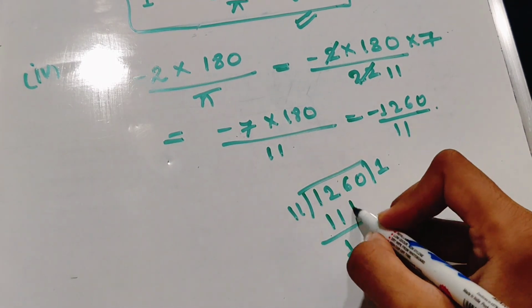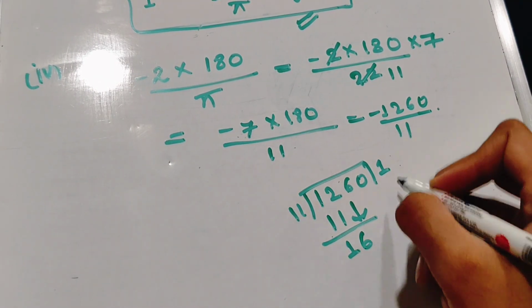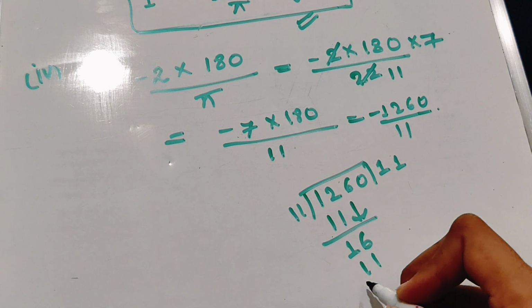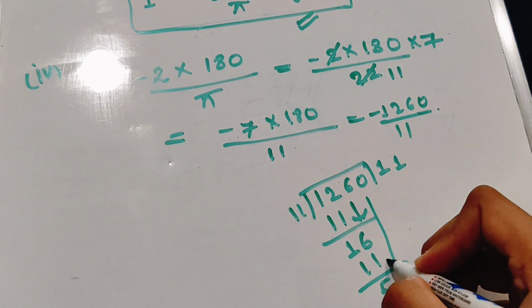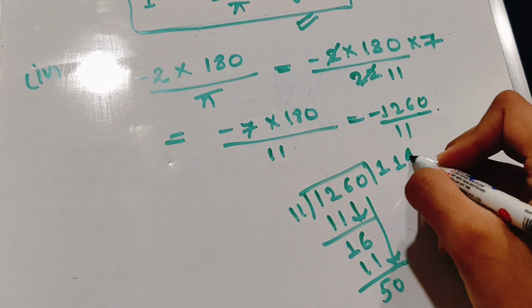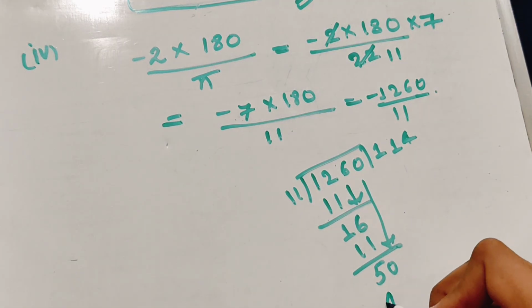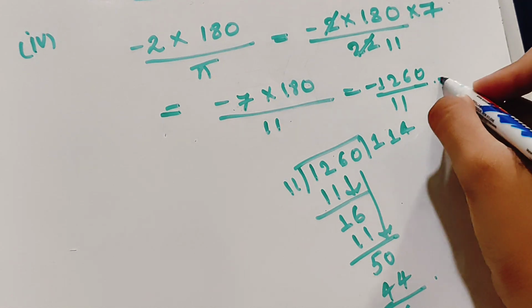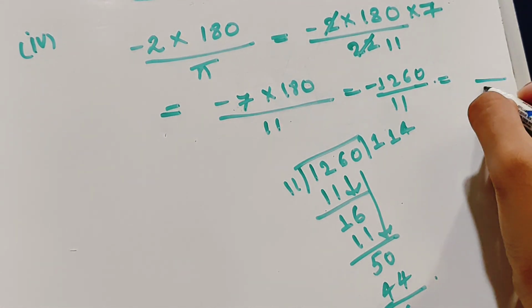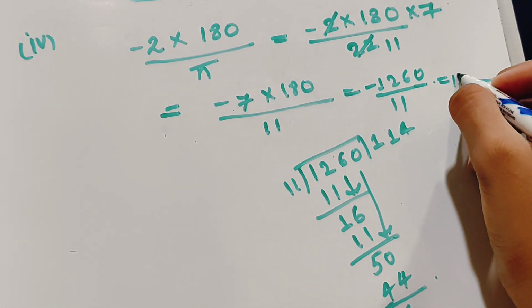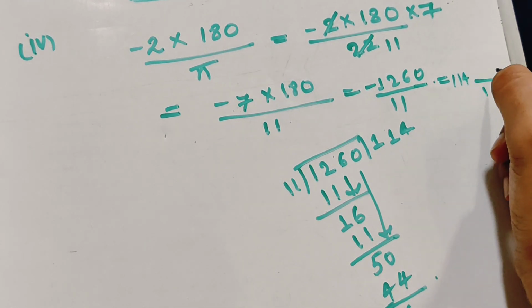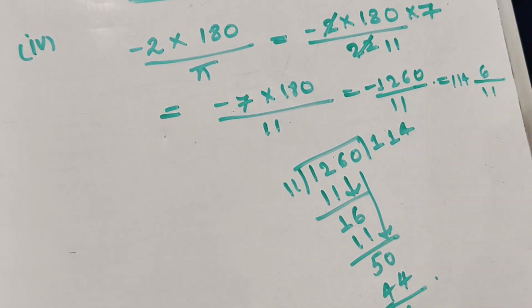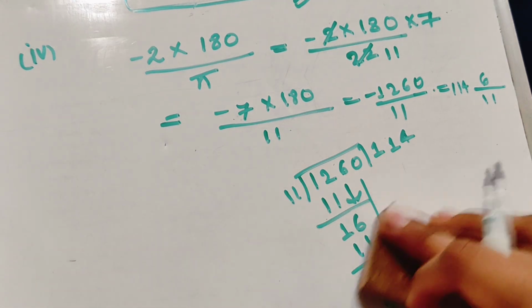Now I'm sure you know how to do it. The denominator remains the same, multiplying it with this, and the remainder is 6, right?